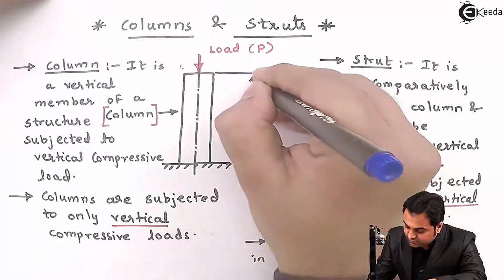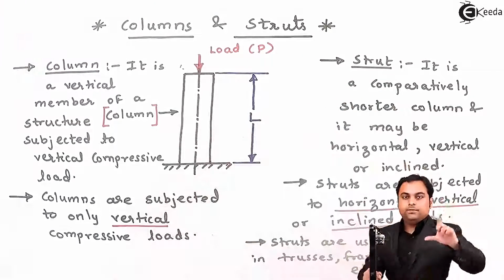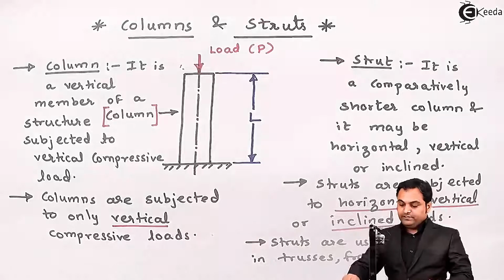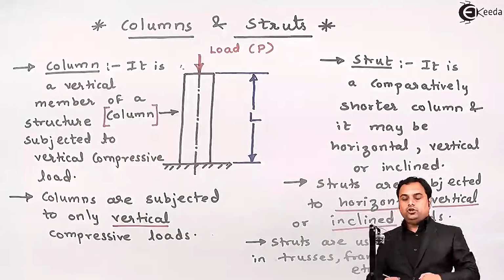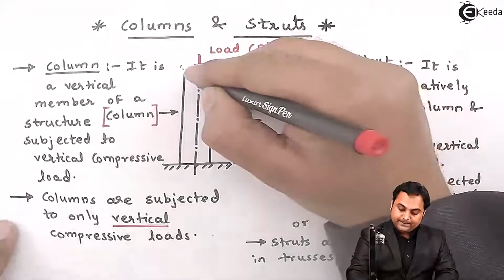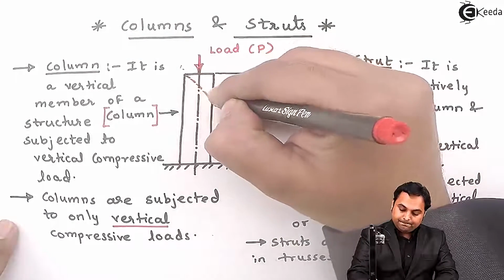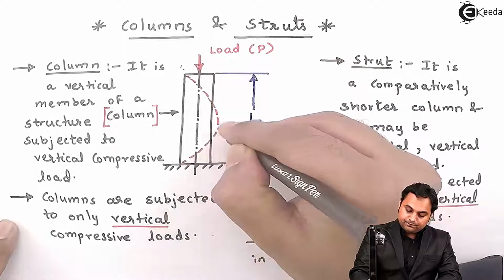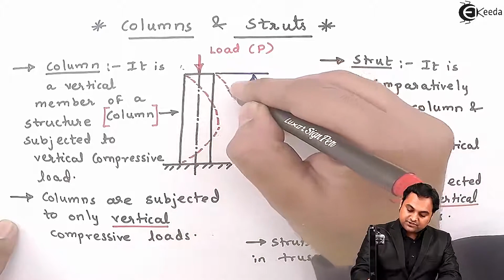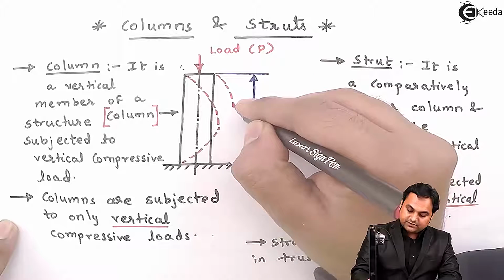Now if suppose this complete length of the column is bending, because of the load acting on the column, this column may bend in this fashion, in this direction.